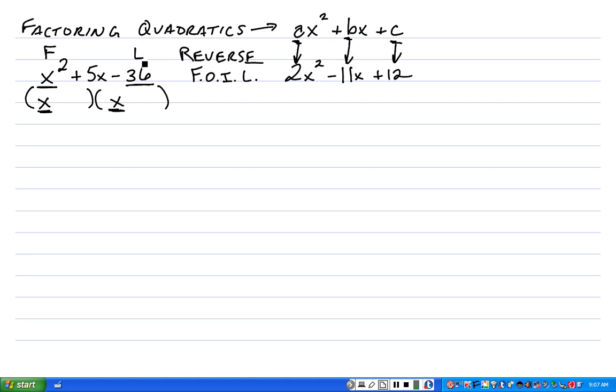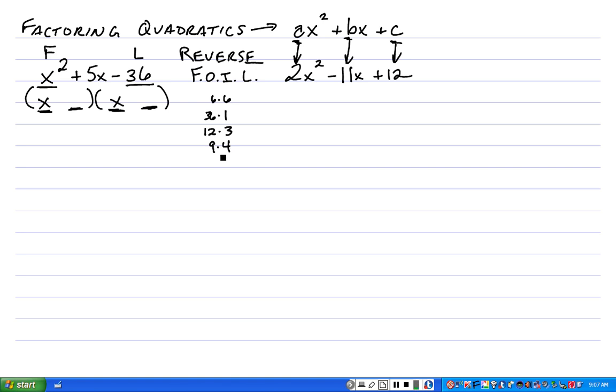Now we're trying to figure out what in the last position of this binomial times what in the last position of that binomial will give us our last. Now when it comes to 36, you have options. You have 6 times 6, you have 36 times 1, you have 12 times 3, 9 times 4.